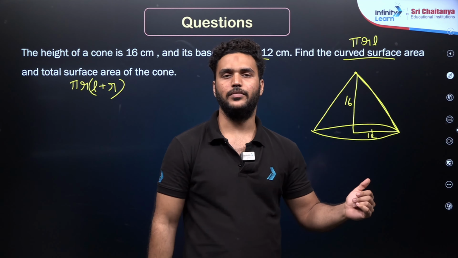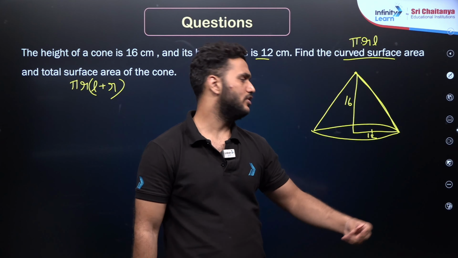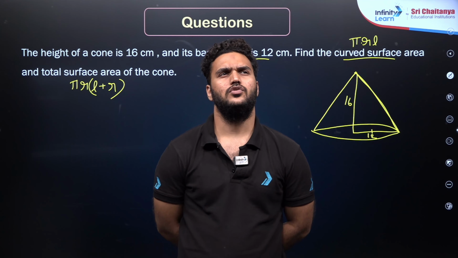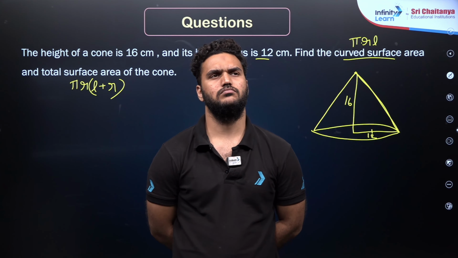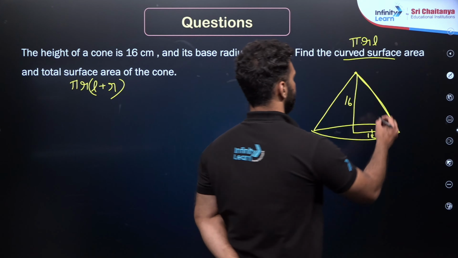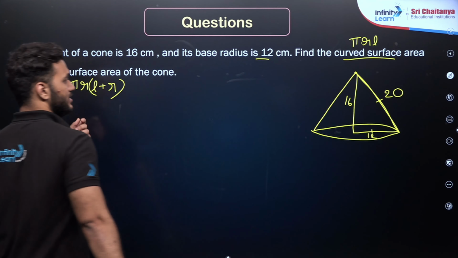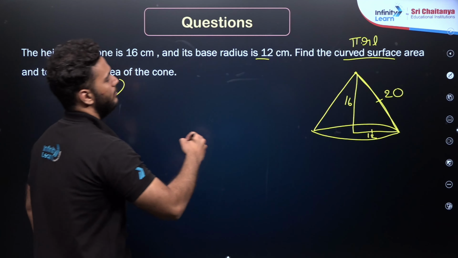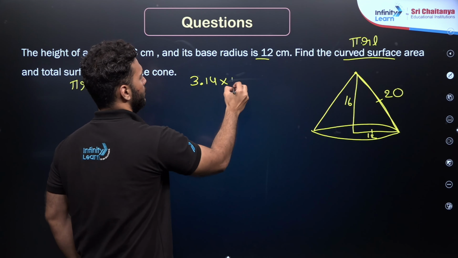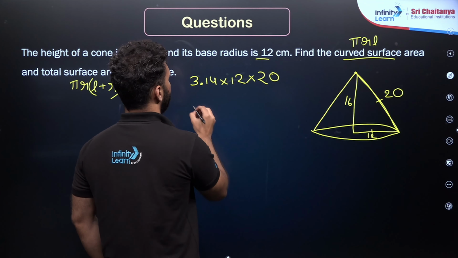Using the Pythagorean theorem. 16 square is 256, 12 square is 144, add them, what will you get? 256 plus 144, you will get 400. Under root 400 is 20, so the value of this is 20. And just now put this value in that formula, pi r l, 3.14 into r into l. Simplify this, you will get the answer.